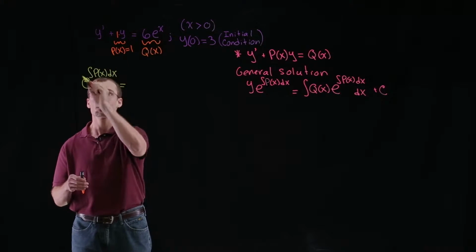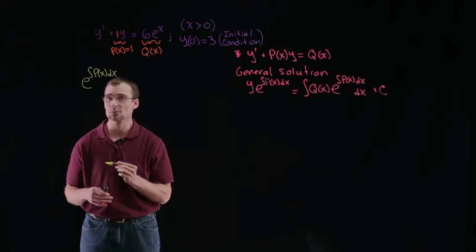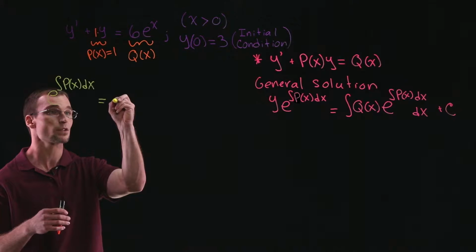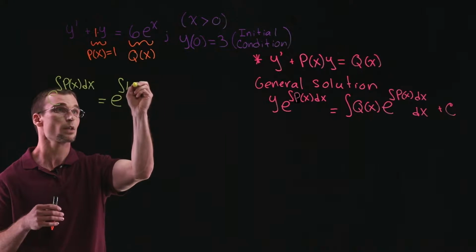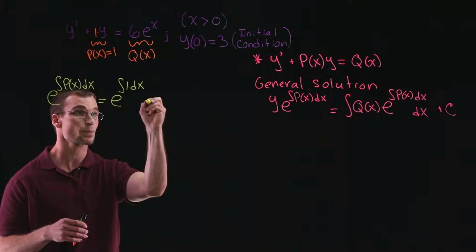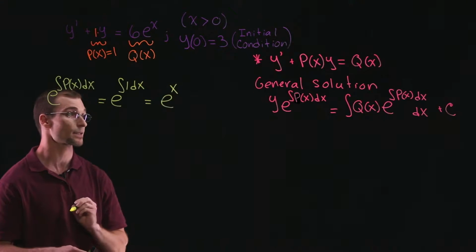You can simplify the integral first and then put it as the exponent of e, but if the integral is simple enough, you can kind of do both things at once. So that's how we'll do this. We'll keep this as e to the integral of p of x, which is just 1, dx, and the antiderivative of 1 with respect to x is just x. So this is equal to e to the x.